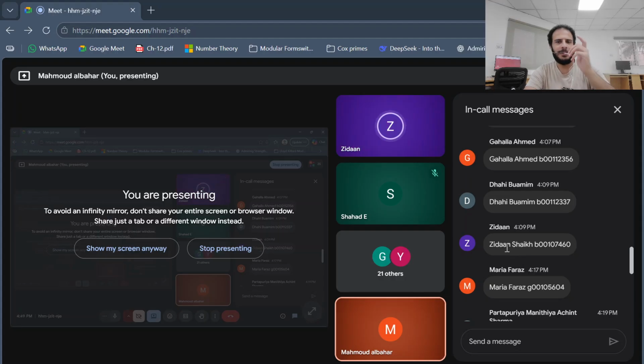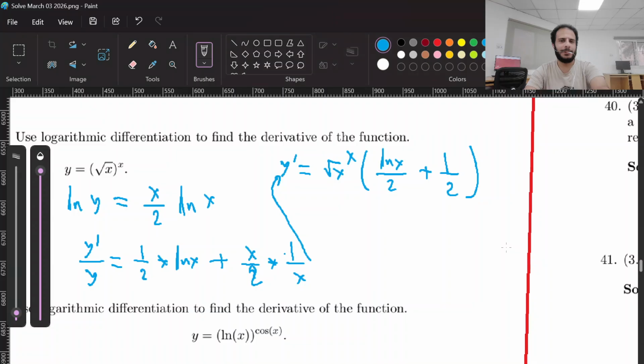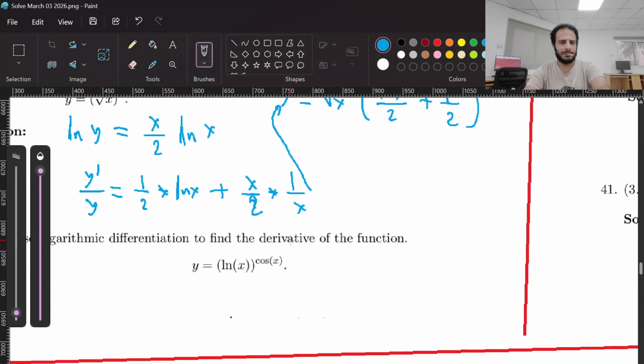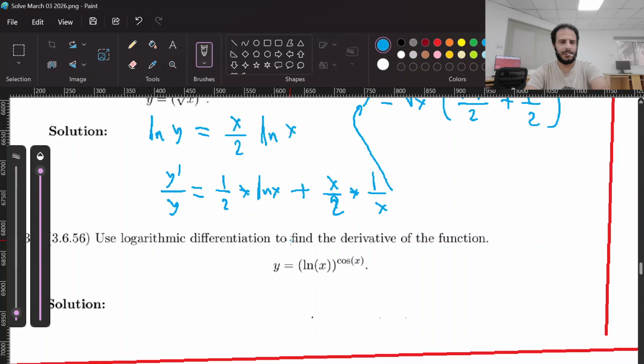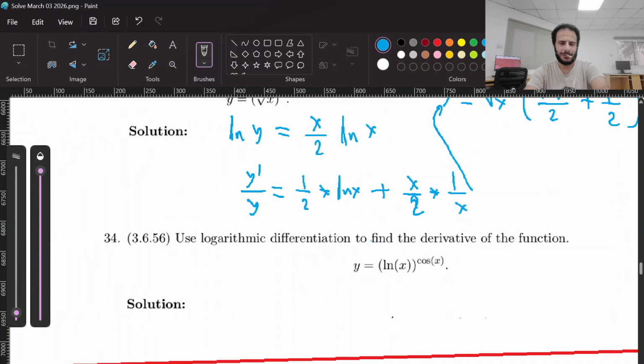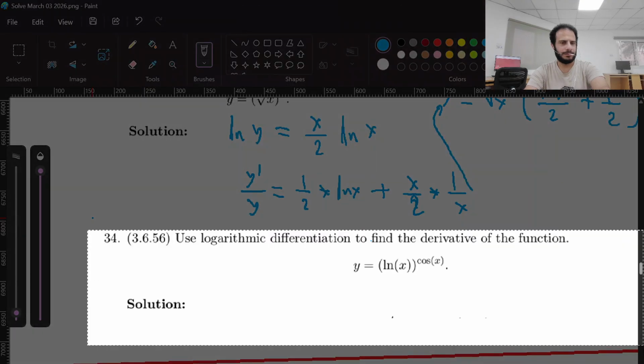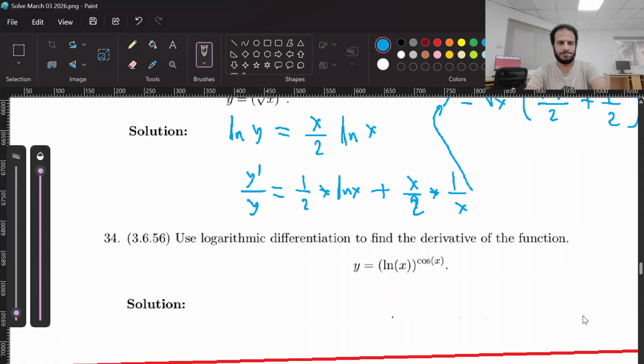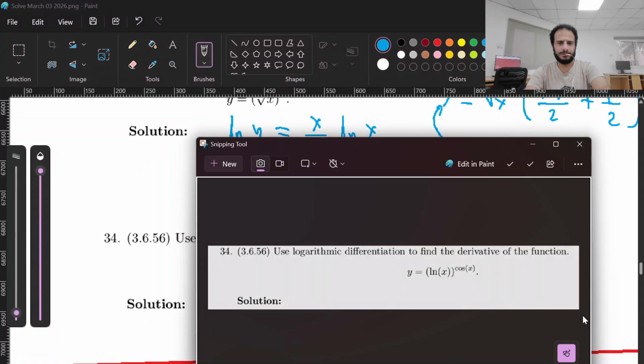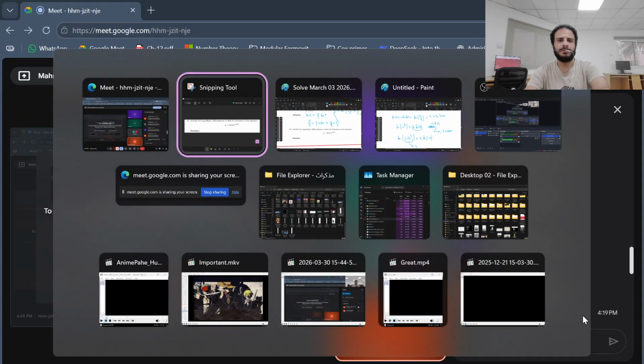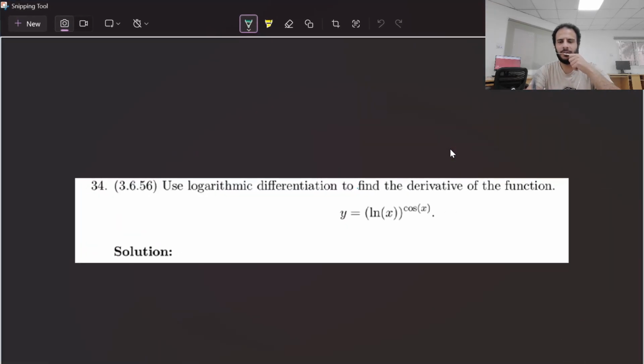Yes, I'm here. I need your help with problem 34. I will take it and then we solve it. So let's solve it. Ln y equals what?